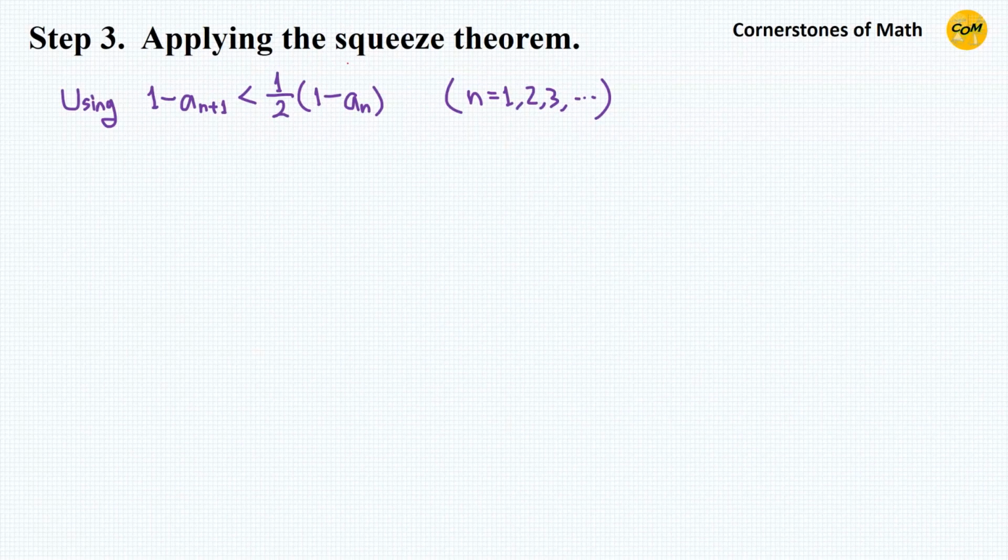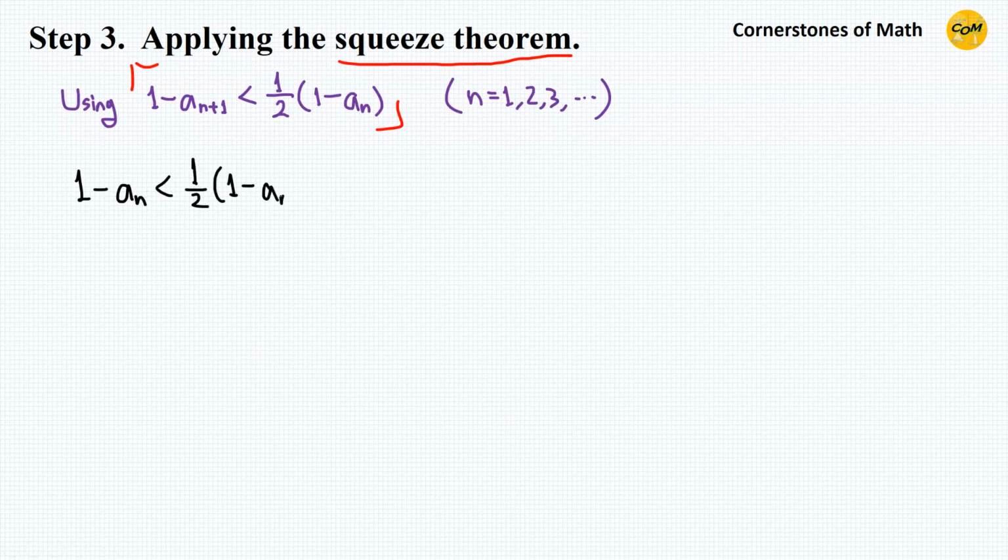The final step is to apply the squeeze theorem using the previously proved inequality. So using this inequality, 1 minus a_n is less than 1/2 times 1 minus a_{n-1}. And if we apply the inequality again, we have less than 1/2 squared times 1 minus a_{n-2}.